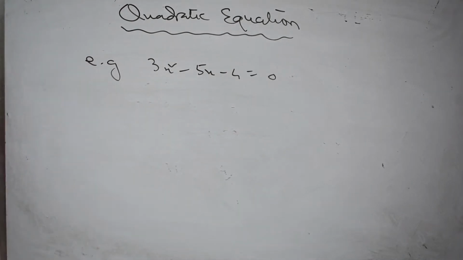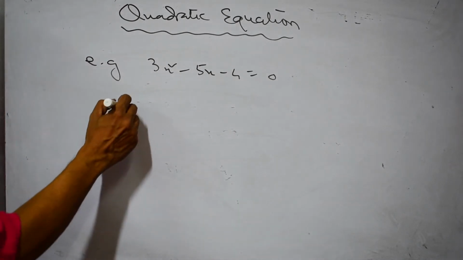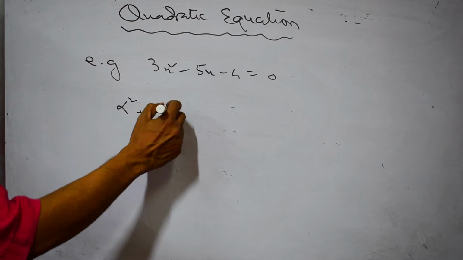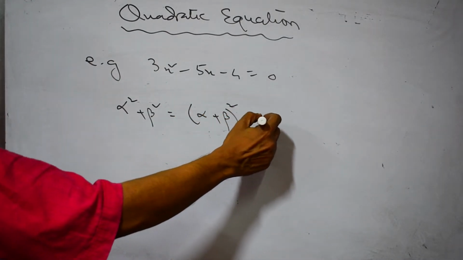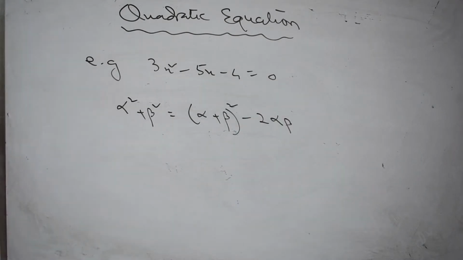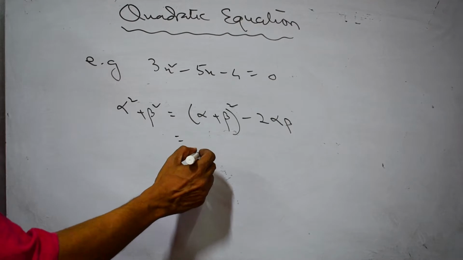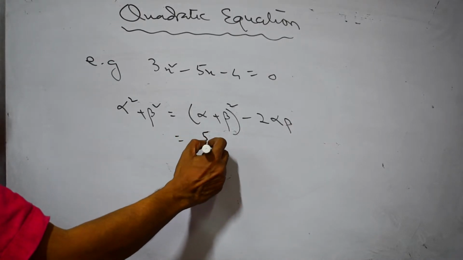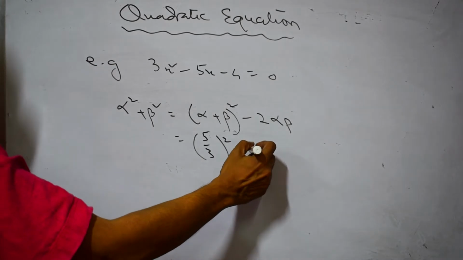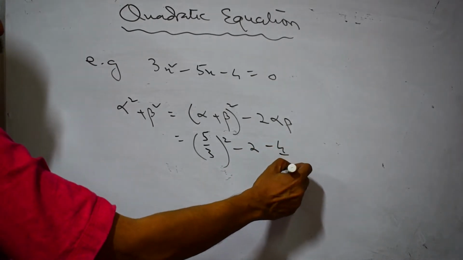First question is alpha square plus beta square. So what is alpha square plus beta square? That is alpha plus beta whole square minus 2 alpha beta, because a plus b whole square minus 2ab is a square plus b square. So here alpha plus beta, that result we have found as 5 by 3, square, minus 2 into minus 4 by 3.